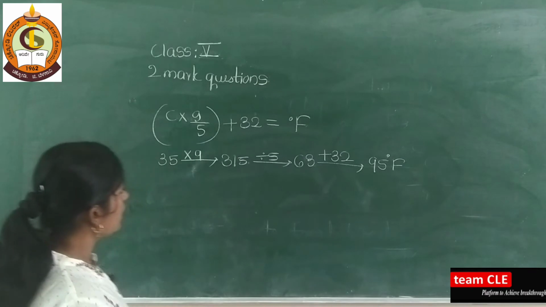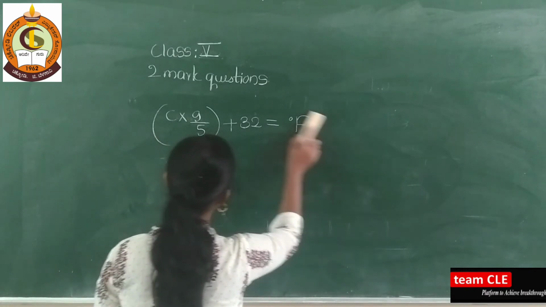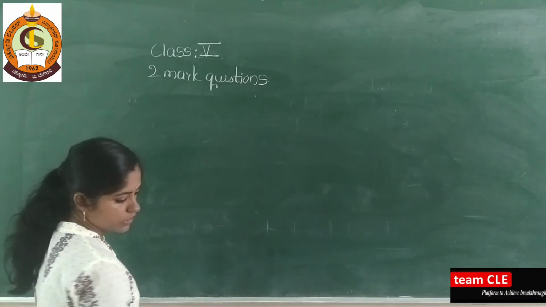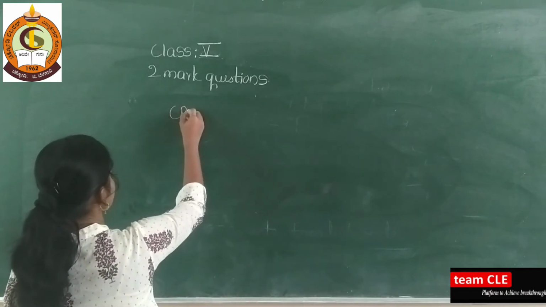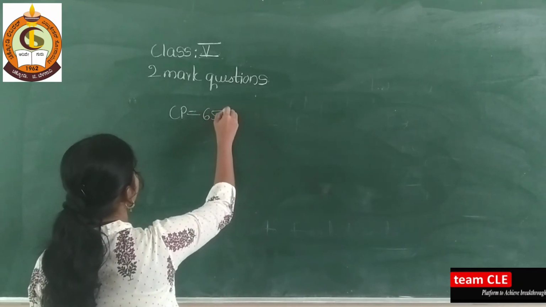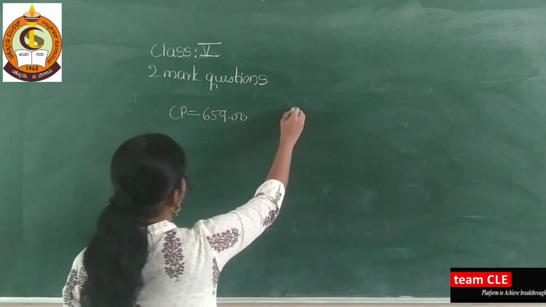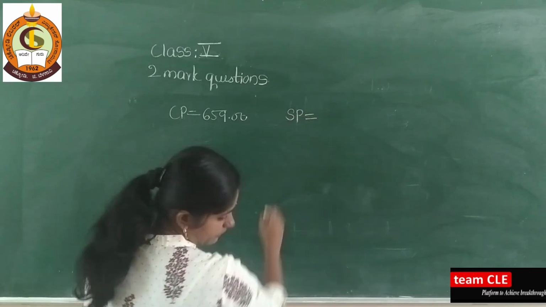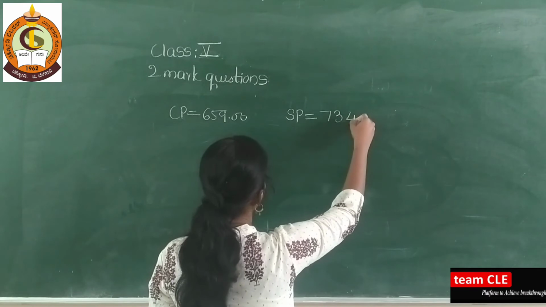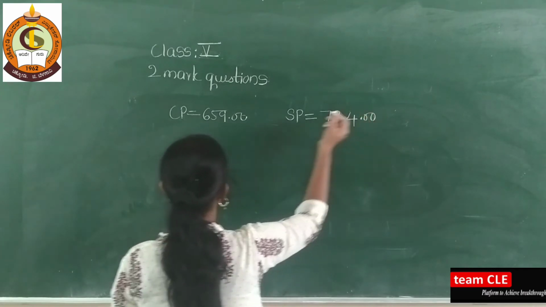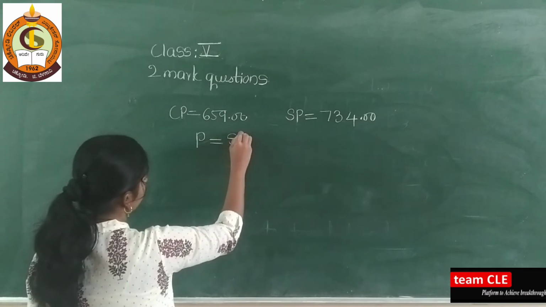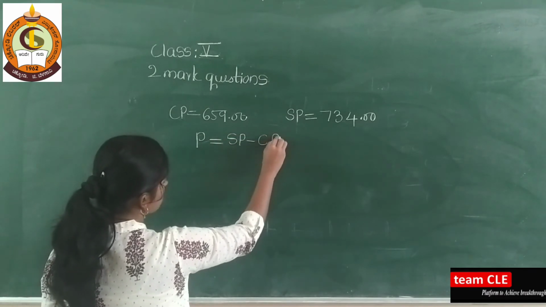Okay. So next I will ask 2 more questions. Find the profit and find the loss. Find the profit. Here they given CP is equal to 659 rupees and SP is equal to 734 rupees. So here you are going to find profit. Profit is equal to selling price minus cost price.